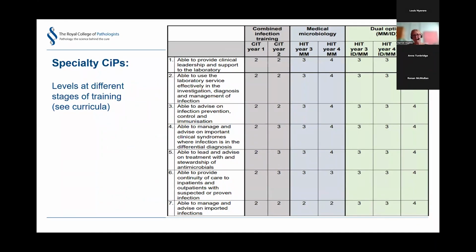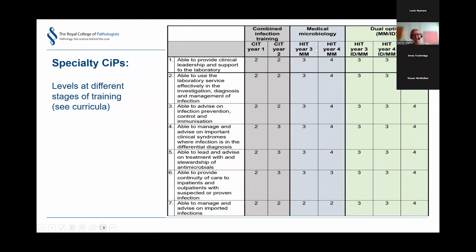This table shows you the different levels that are required depending on where you are in your training. As you can see here, by the end of CIT year 1, the expected level is that you still need direct supervision for all of these, and some of you will be at a higher level than that because you've had previous experience, so this is the minimum requirement.